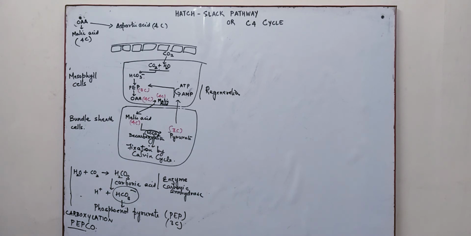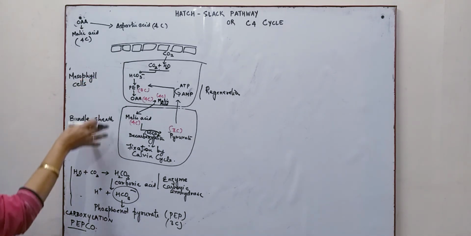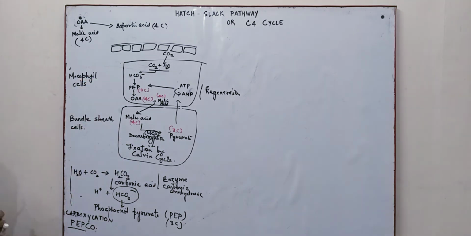When we talk of the C4 pathway, the mesophyll cells will be taking part, and the Calvin cycle is done in the bundle sheath cells in the case of C4 plants.